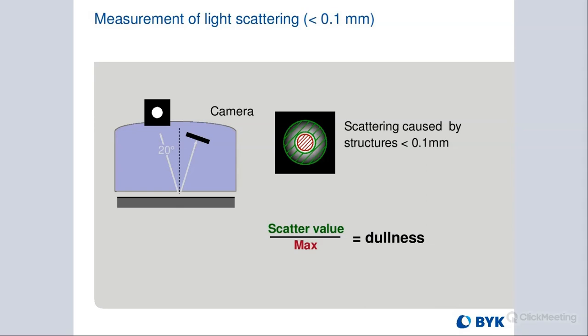It's important that we capture this too, because this can affect the overall impression of your vehicle or your part. For dullness, we take the scatter value over the max value. The max value is the center portion in the red with the red lines, and everything outside of that is the scatter value. That gives us the dullness value.